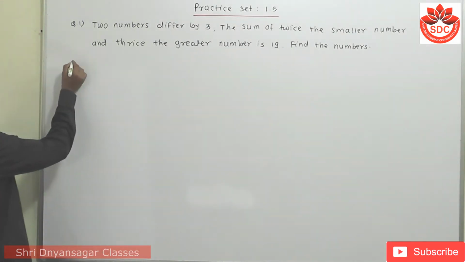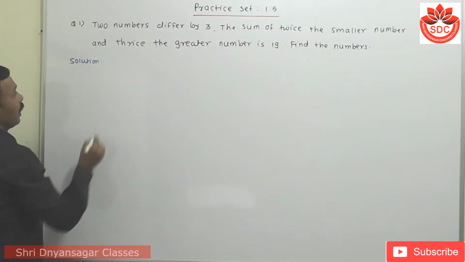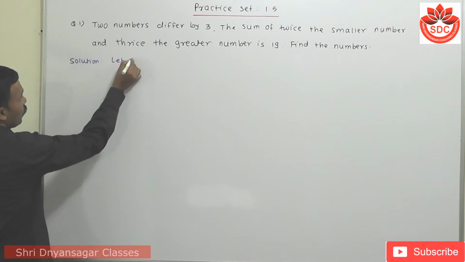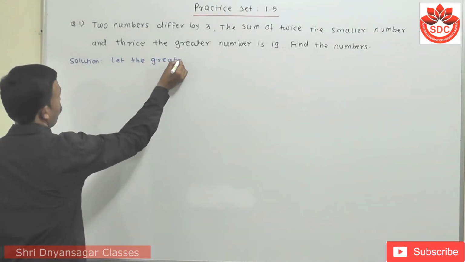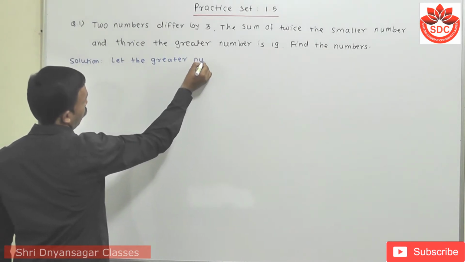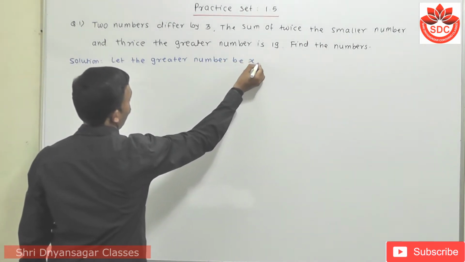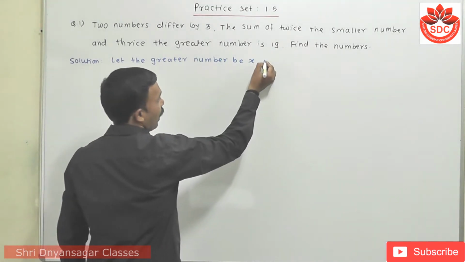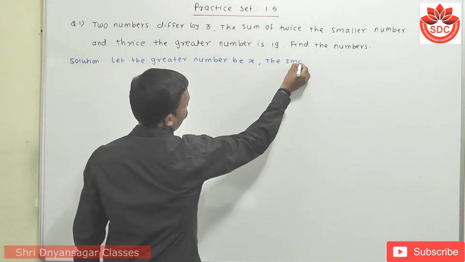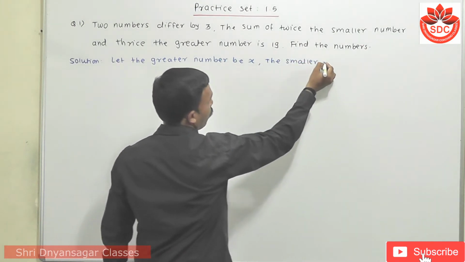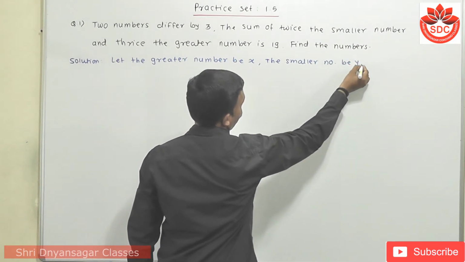Now solution. Let the greater number be x, and the smaller number be y.